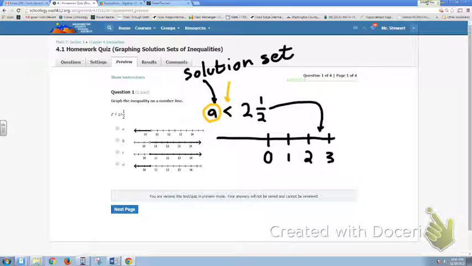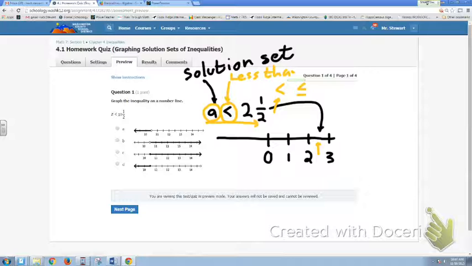We read it left to right: A is less than 2.5. And here's 2.5 right here. This inequality is not showing is equal to. Less than or equal to looks different than just less than. Less than is strictly less than.